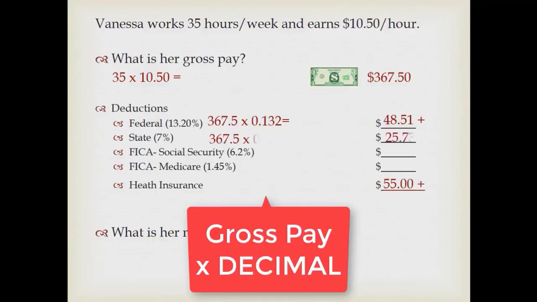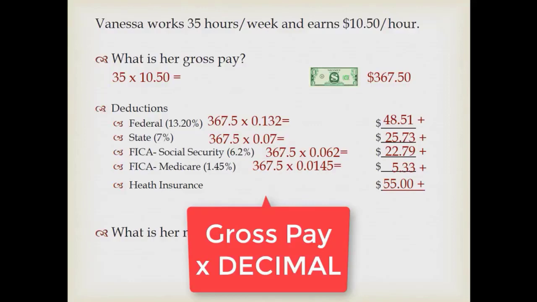For her state tax, you would have taken her gross pay times 7% as a decimal, so 367.5 times 0.07 to total $25.73. For her Social Security, her gross pay of 367.5 times 0.062 equals $22.79.